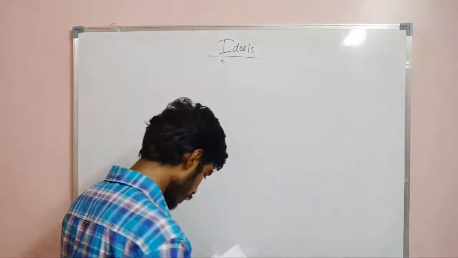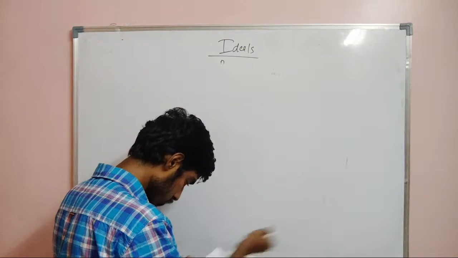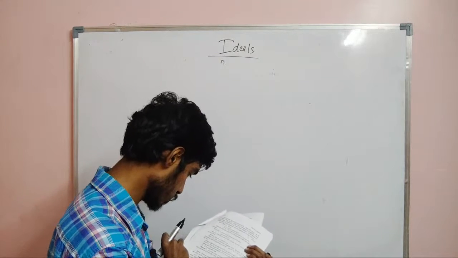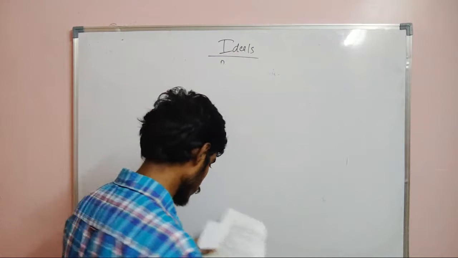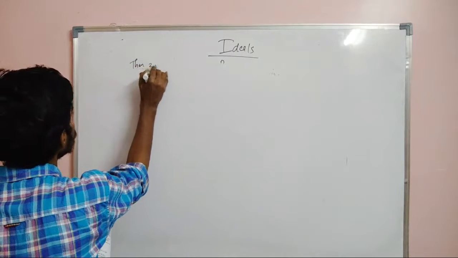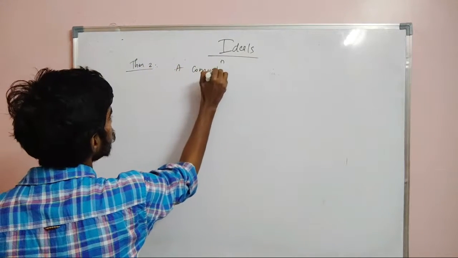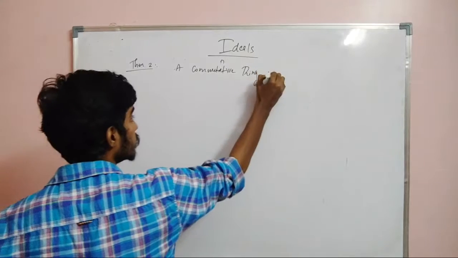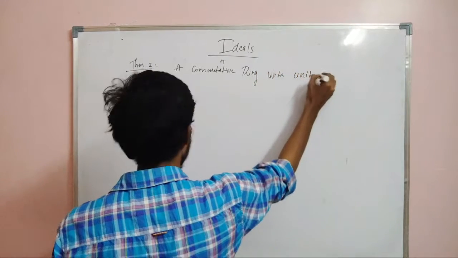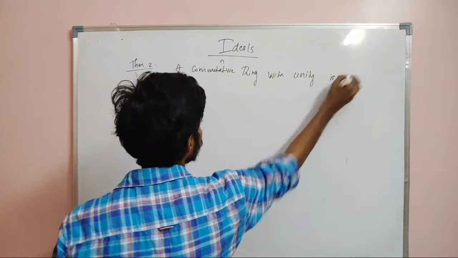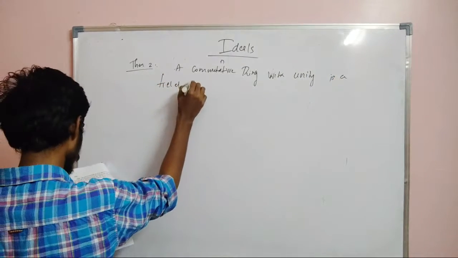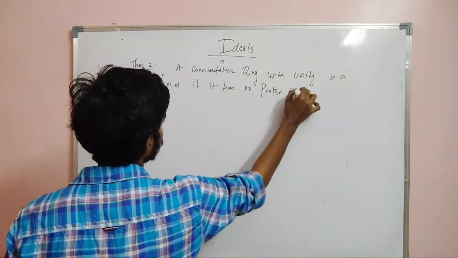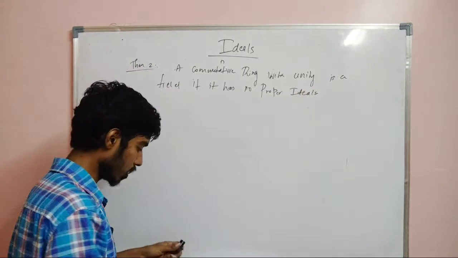A commutative ring with unity is a field if it has no proper ideal.